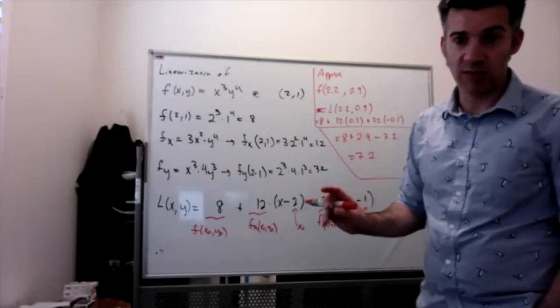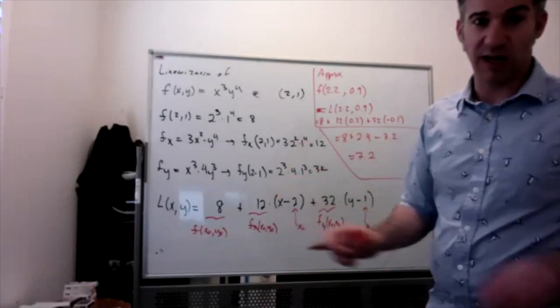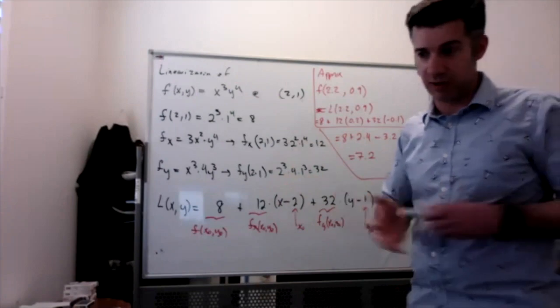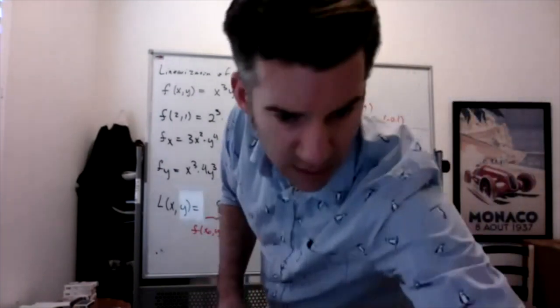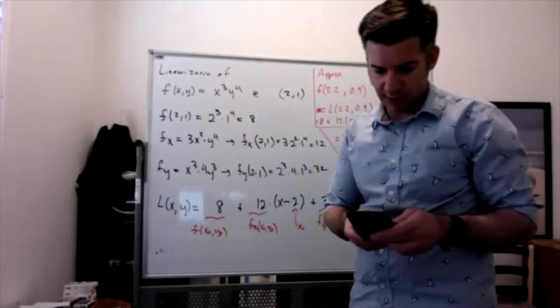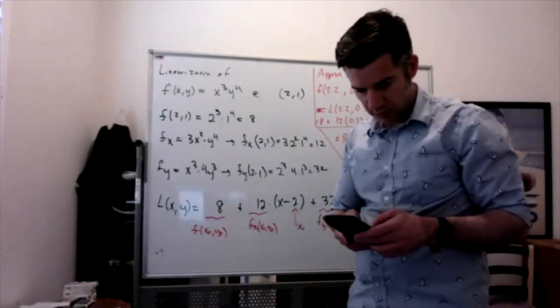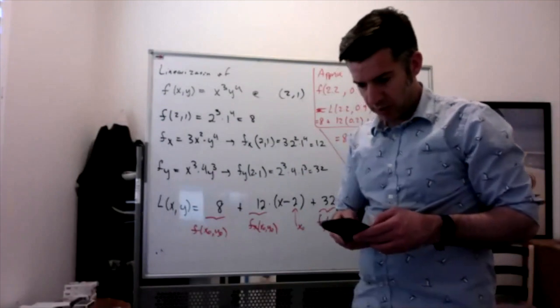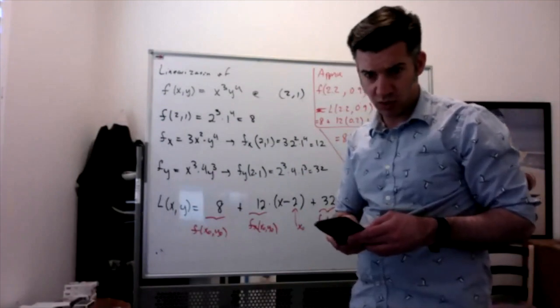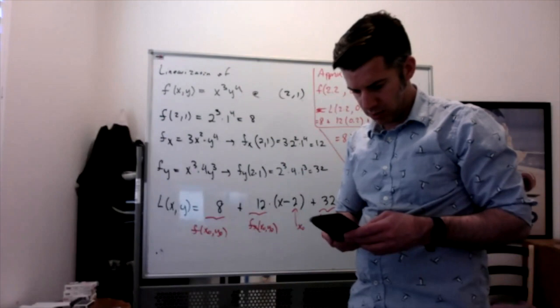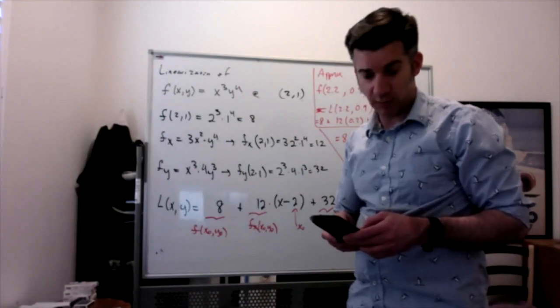Whereas if you actually plug that in, you do get a value that's very close. Let me check one thing. I just want to see, 2.2 to the 3rd is 10.648 times 0.9 to the 4th.